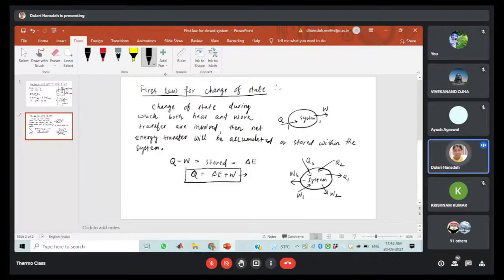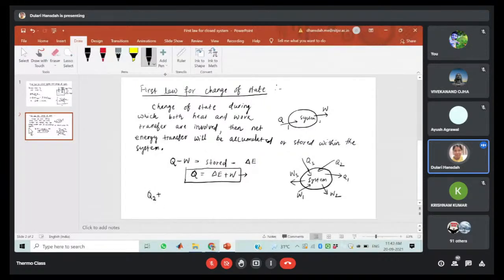So here we have to find out what is the total energy transfer. So we will use this equation. So in this case, we will use the sign convention. So heat input means we are considering it is the positive quantity. So here you have to write Q2. Okay.